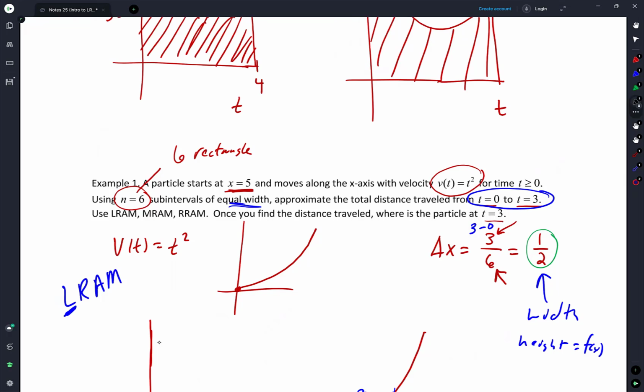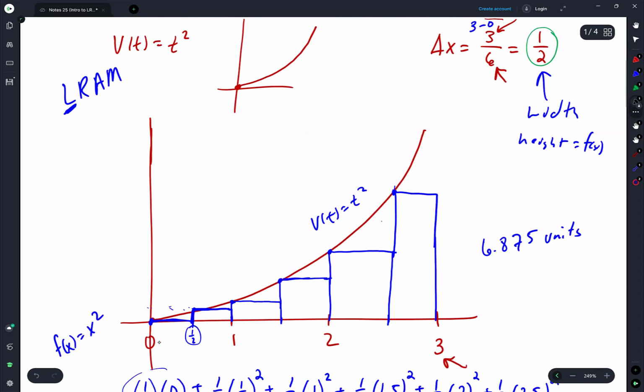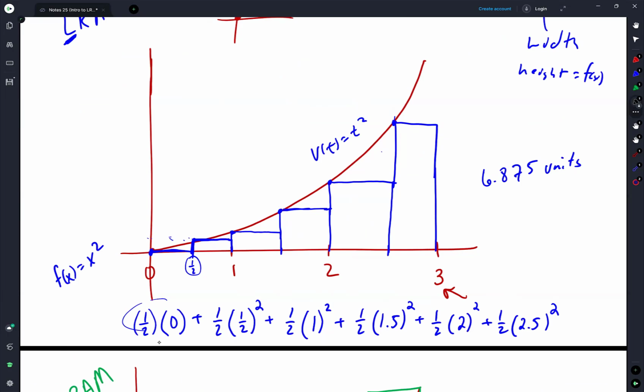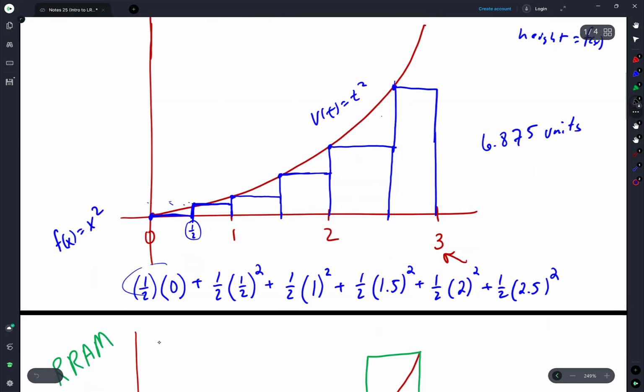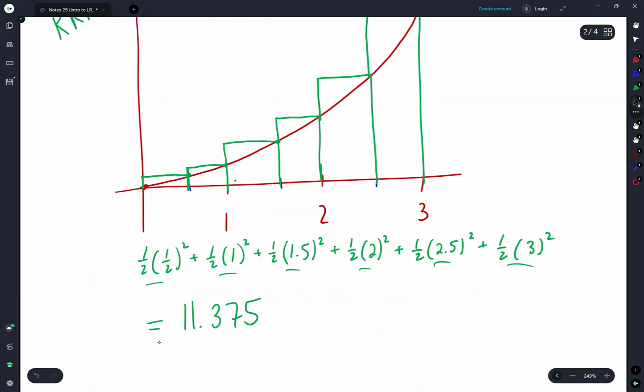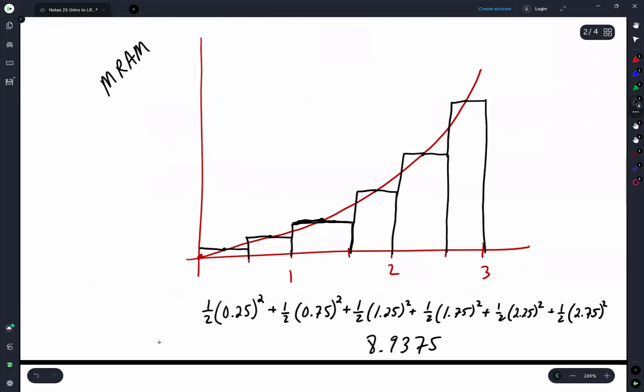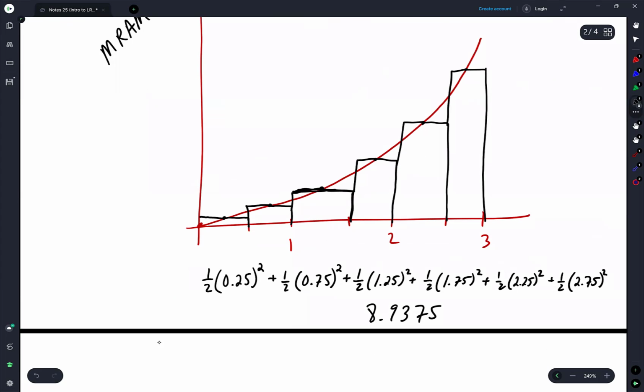Once you find the distance traveled, what is a particle at t equals 3? Okay, so we're gonna answer that question, but I want to know what the actual distance traveled is. So on this one, LRAM, this is an under approximation. We got 6.875. RRAM, we got 11.375. This was an over approximation. And then this one, using the middle, we got 8.9375.